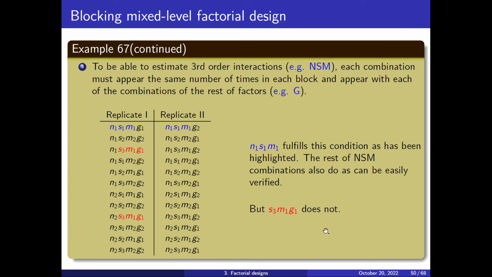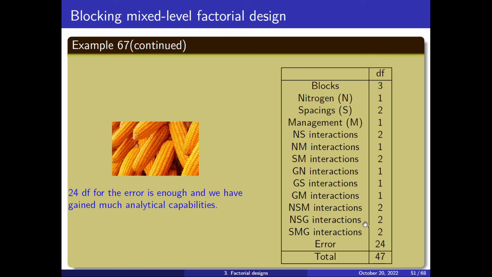So yeah, this we will not be able to estimate, but we know that they are confounded. And still the number of degrees of freedom that we are spending here is very low. So we still have 24 degrees of freedom for the residuals.